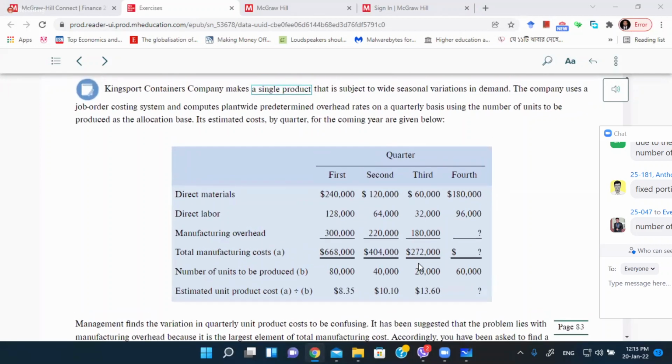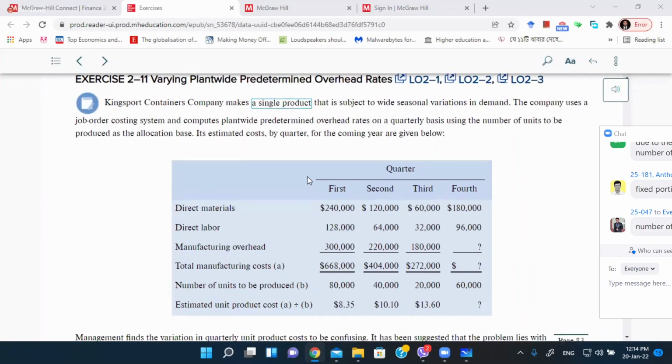Do you have any idea why the number of units to be produced fluctuates from quarter to quarter? Note that this is a single product producing company, and they have mentioned that their production varies for seasonal variation. Now, I would like to get at least one company name from you, from our local companies, which is likely to change their production for seasonal variation.